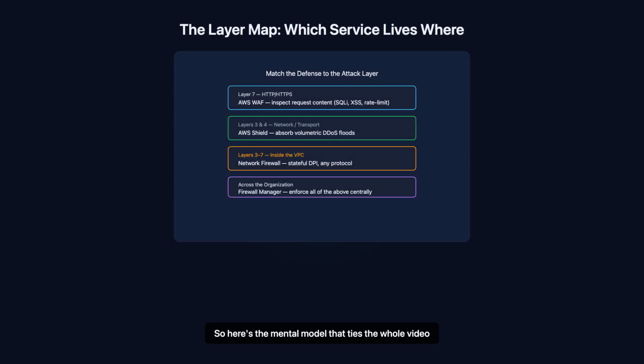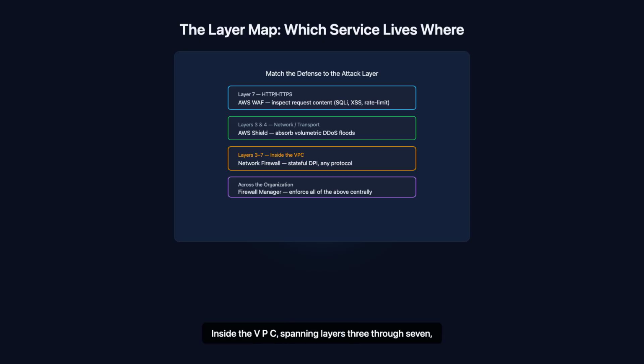So here's the mental model that ties the whole video together. At layer 7, the HTTP layer, Amazon Web Services WAF inspects the content of each request. That's where SQL injection, cross-site scripting, and rate limiting live. Down at layers 3 and 4, the network and transport layers, Amazon Web Services Shield absorbs volumetric floods before they ever reach your app.